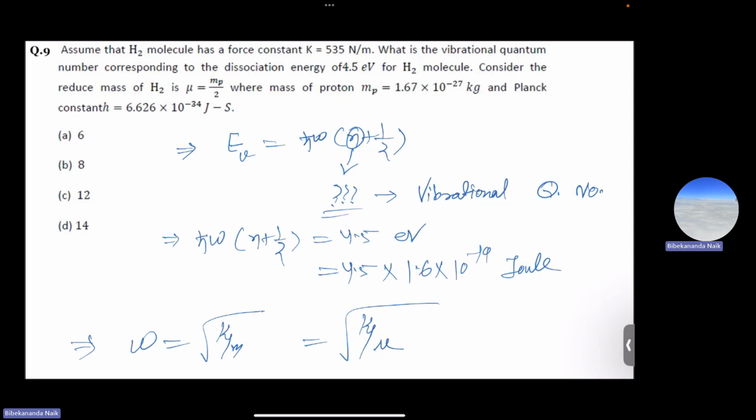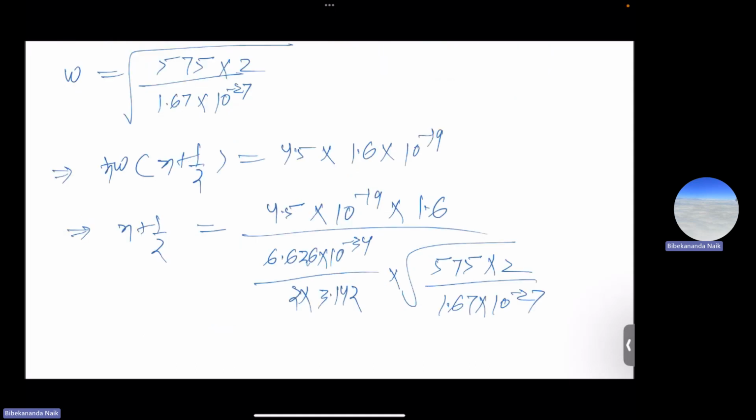Since the expression for vibrational energy contains h cross omega into n plus half, n is unknown, h cross we know, omega we need to calculate. For omega, the value of k and mu is given, and the relationship between k, mu, and omega is that omega equals square root of k by mu. So we put the values of k and mu here. Note that this is not 575, this is 535.